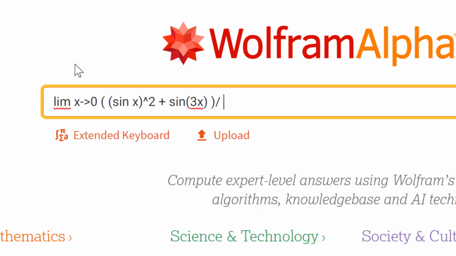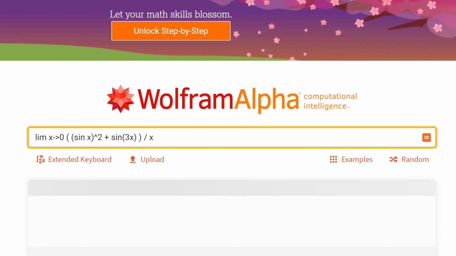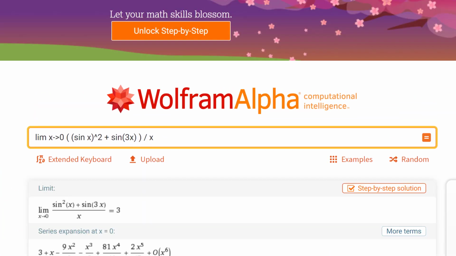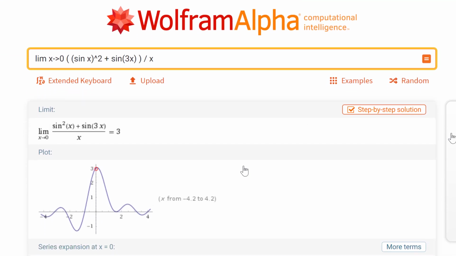And then that whole thing divided by x. That should work. Yeah, so let's try that. If not, we'll retype it in, no big deal. And it looks like we got it pretty well. So here's the verification. As x goes to 0, sine squared x plus sine 3x looks good. And that result is 3.